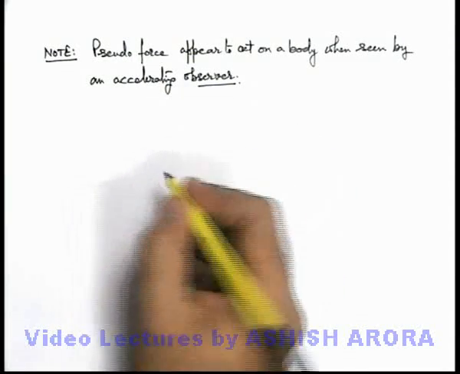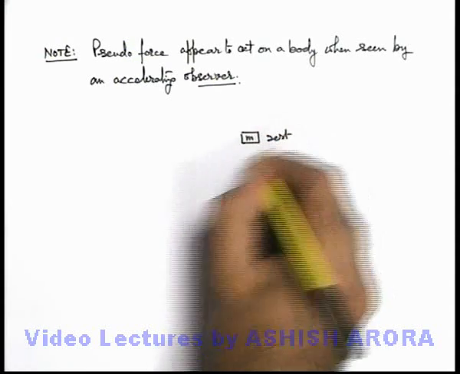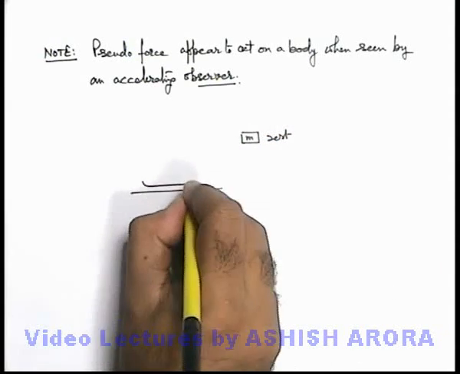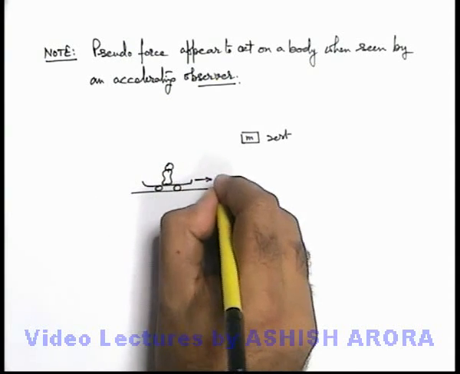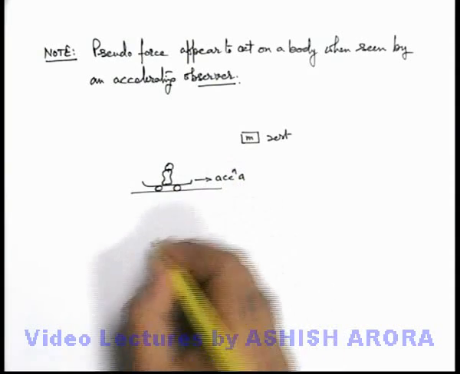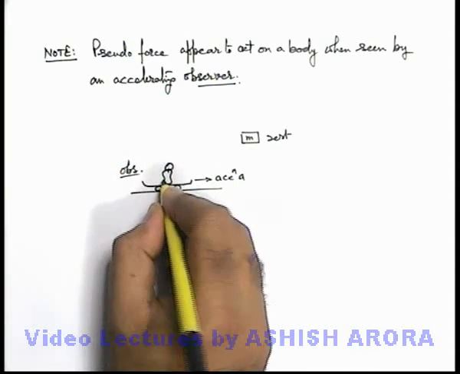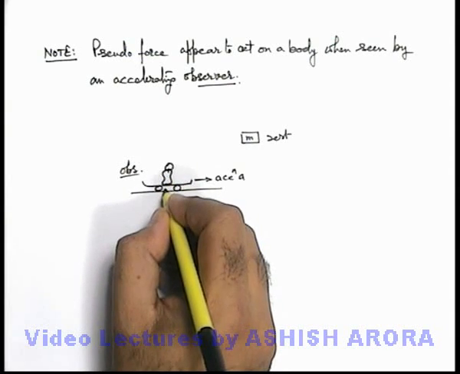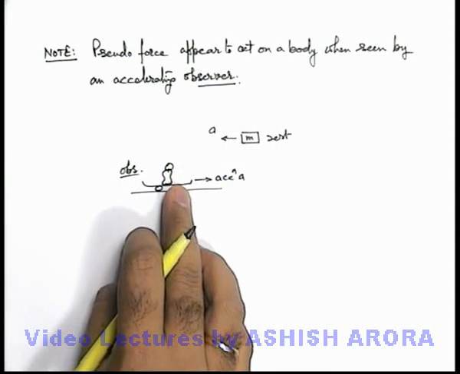So we can simply state, if this is the situation, there is a body of mass m at rest. It is seen by someone, say, who is on a skateboard, and he is accelerating forward with an acceleration a. So this observer will feel that I am at rest and this object is accelerating in backward direction with an acceleration a.